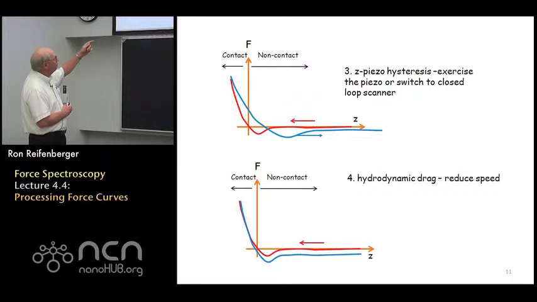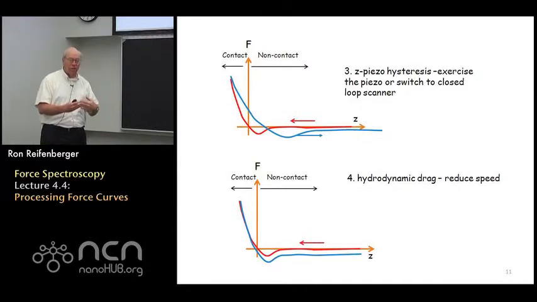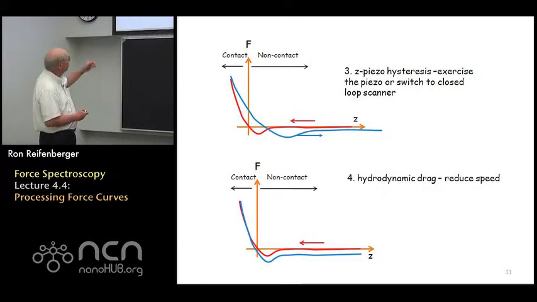If you see a large offset between the approach and the retract curve, that could mean that you're trying to do the force versus distance curve too rapidly, so slow it down a little bit and that should get rid of this problem.